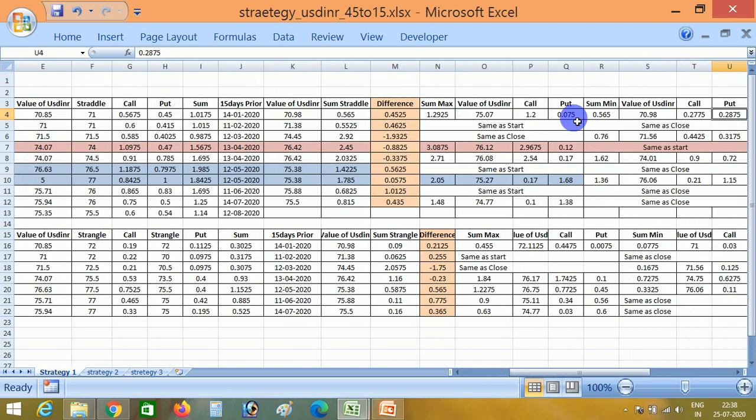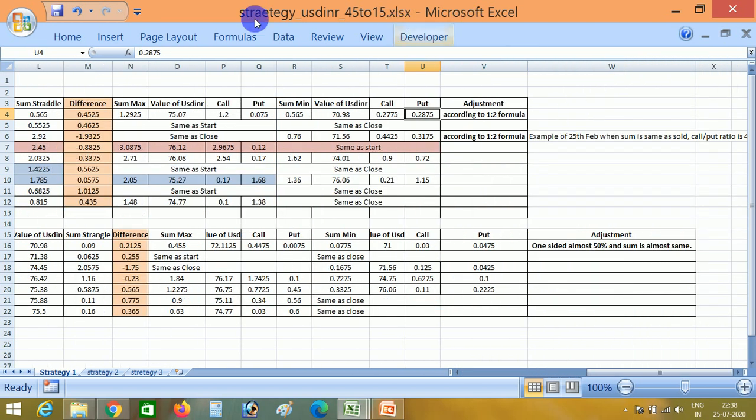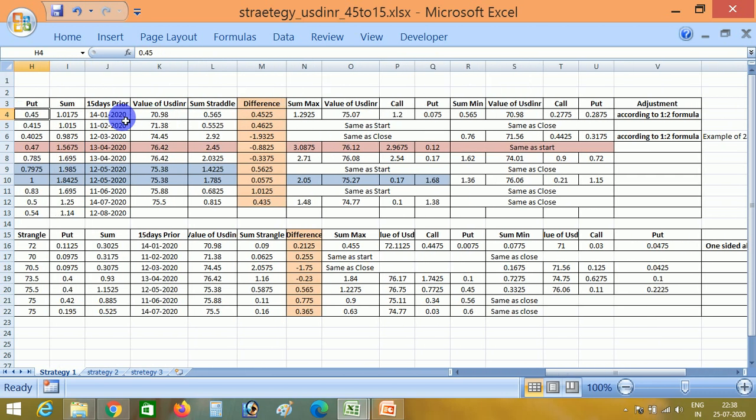And the next one is the what-if values we use for our analysis. Within a span of 30 days, the sum of straddle reaches a maximum of 1 rupee 29 paisa.